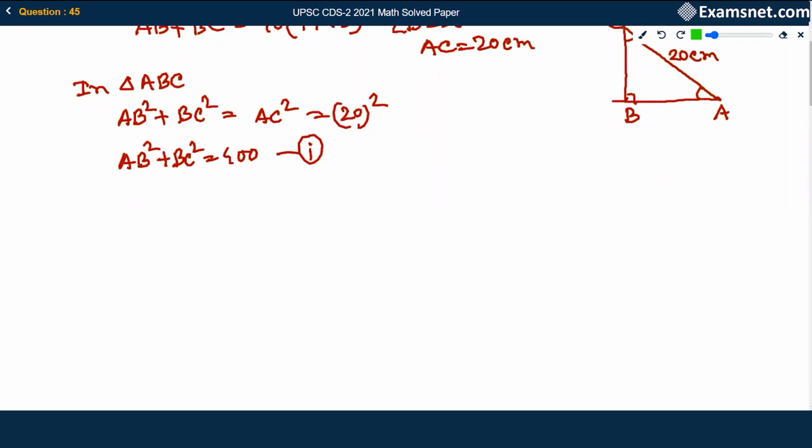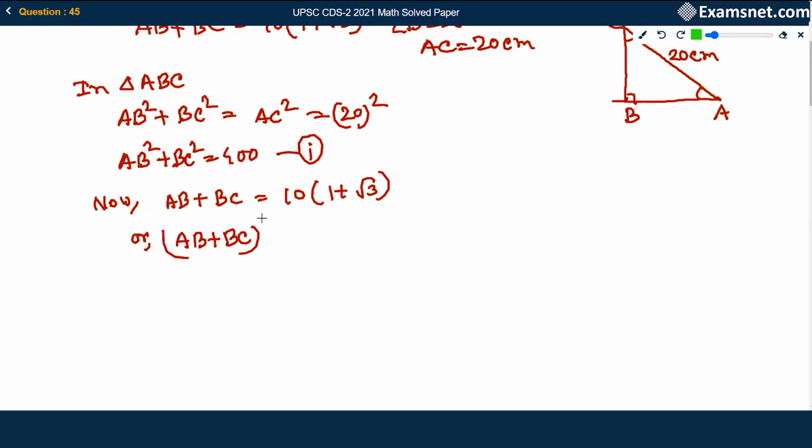Also, now AB plus BC is 10(1 plus root 3). Let's square both the sides. Squaring both the sides, we get AB plus BC whole square equals 100 times (1 plus root 3) whole square.